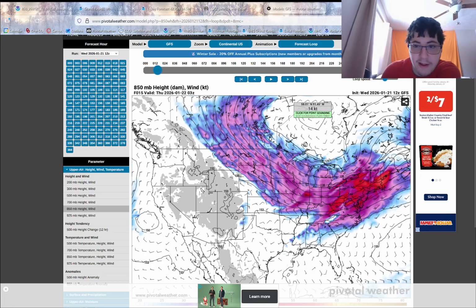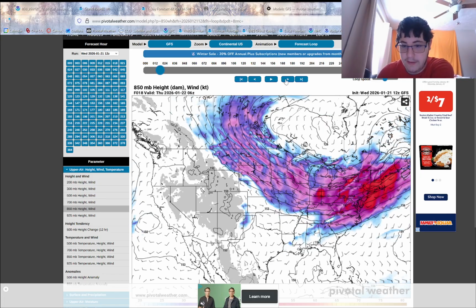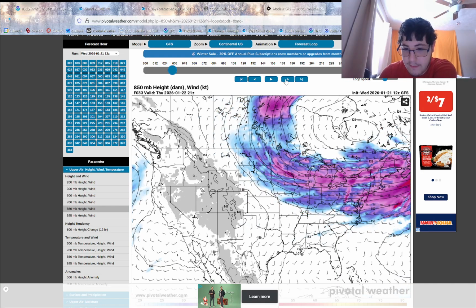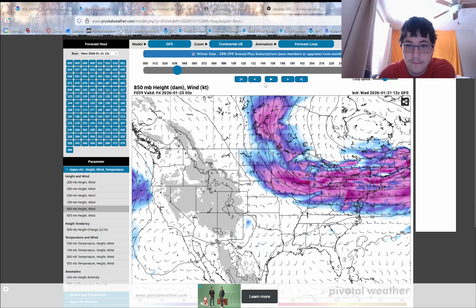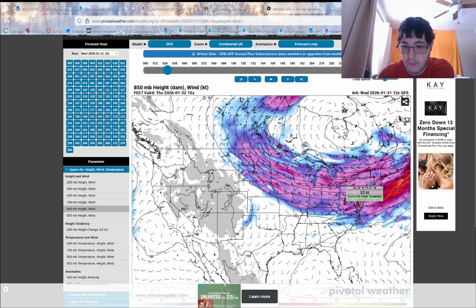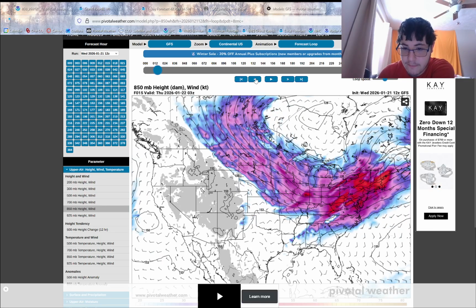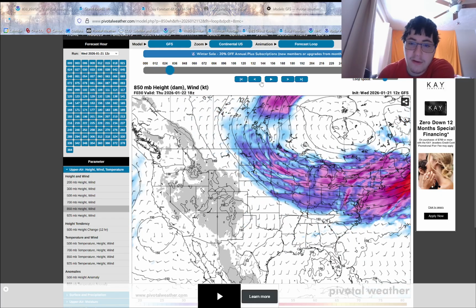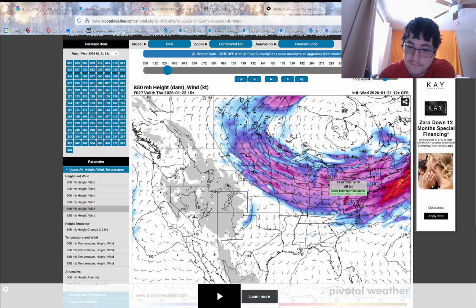It's not super evident at this point, and its effects will probably be rather subtle, but it is there. And then again, through the day tomorrow, we see an intensification of the winds a little bit at the 850 millibar level, not quite as intense as aloft, but again, that should still keep that lake effect machine churning.